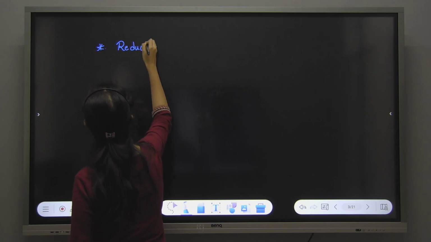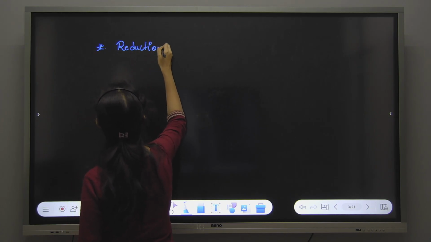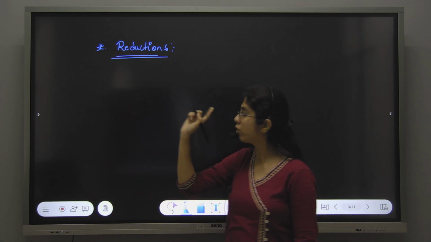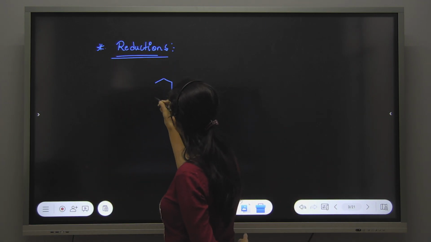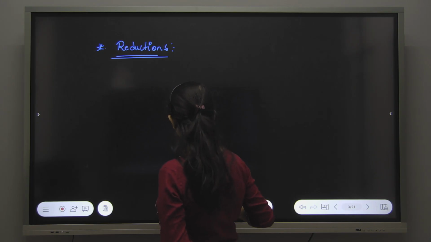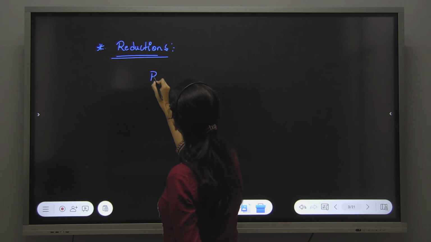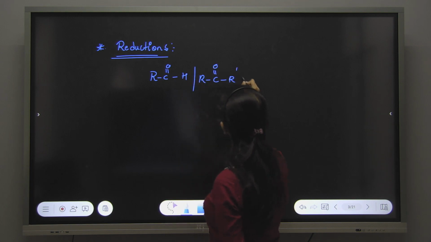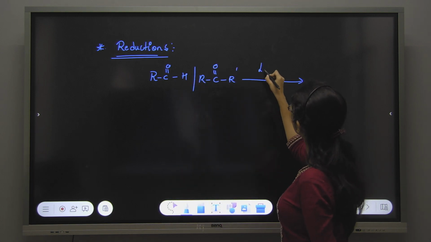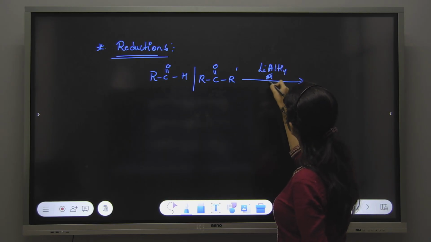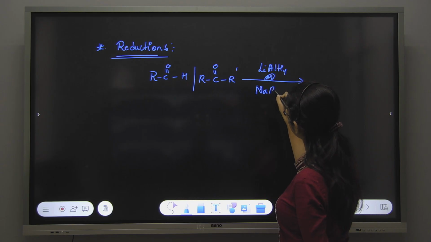So first one is reduction reaction. When you go through the aldehydes and ketones part, you see many different kinds of reduction reactions. One is very simple. You take any aldehyde or ketone and add either lithium aluminum hydride or sodium borohydride.